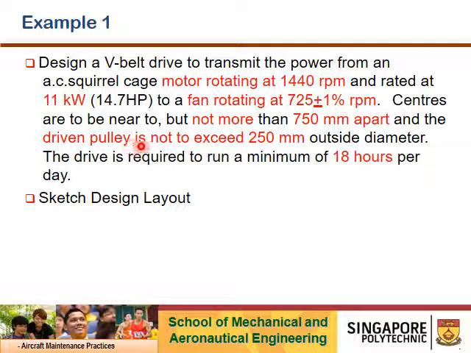And the driven pulley is not to exceed 250 mm outside diameter. So the question is saying the outside diameter of the driven pulley should not be more than 250 mm. The drive is required to run a minimum of 18 hours per day. Sketch the design layout.